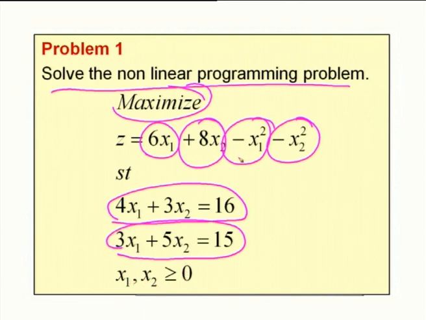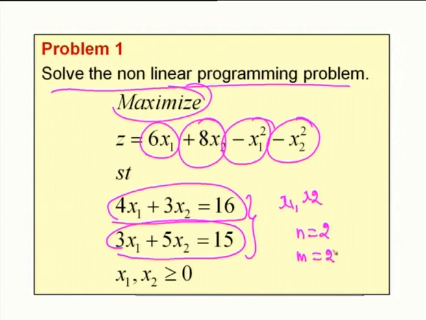So, this is a nonlinear programming problem involving two decision variables x1 and x2 and two constraints, both of equality type. Since the number of decision variables is 2, for this problem our n value is 2. Since this NLPP consists of two constraints, our m value for this problem is 2.